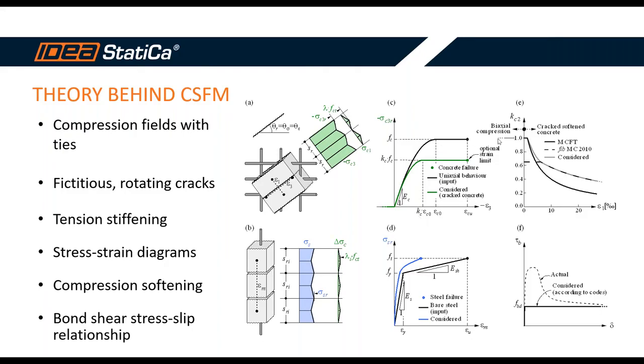I will talk about the stress-strain diagrams in a few minutes. And last but not least, the behavior between reinforcing bar and concrete is described via the shear stress-slip relationship, the last picture, this rigid plastic relationship.